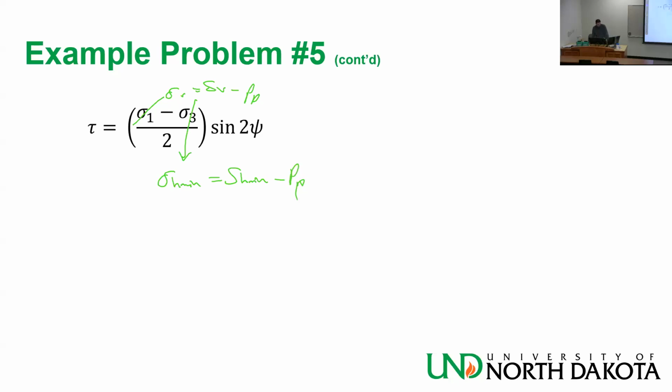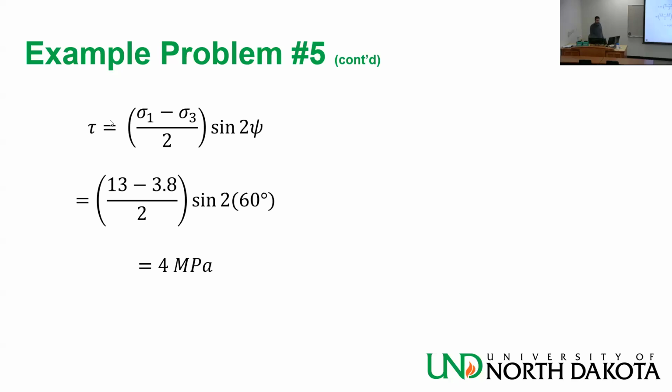Okay, and I think I know the rest. 13 minus 3.8, because don't forget to subtract the pore pressure. And I need to fix those typos I made in the previous slides. I get 4 MPa. Okay, 4 MPa.